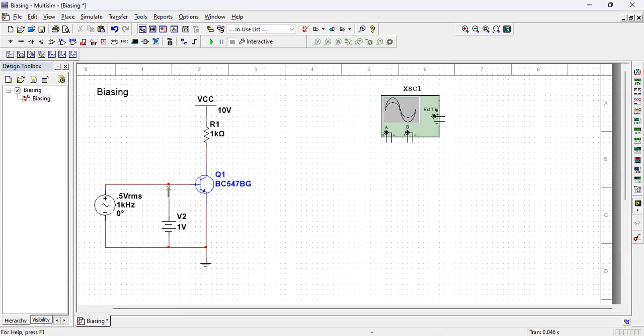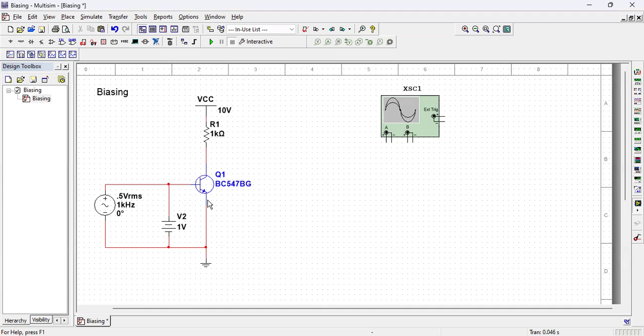So it will be 1 plus 0.75, that is 1.75 volt, and the current will flow through this base emitter junction. And in the negative half cycle, when it is minus 0.75, with 1 volt here, 1 volt minus 0.75 is still plus 0.25 volt. So this base emitter junction will still conduct.